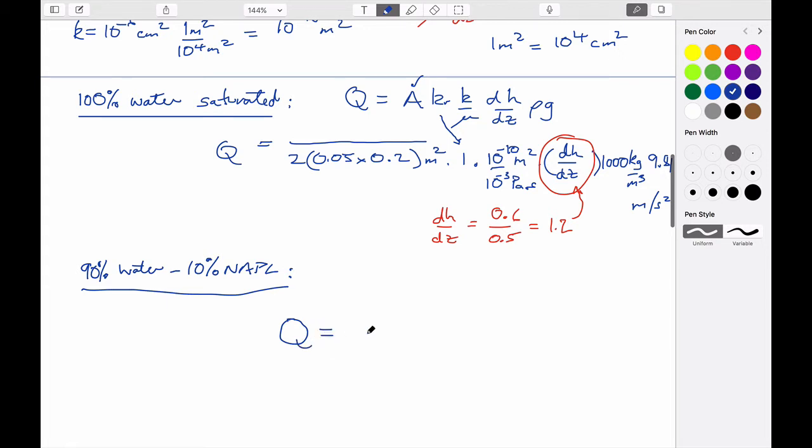Volumetric flow rate, area, relative permeability divided by viscosity, head gradient, and rho g. We're interested in Q water. I guess we could say what Q NAPL would be as well, but this is water we're specifically interested in.